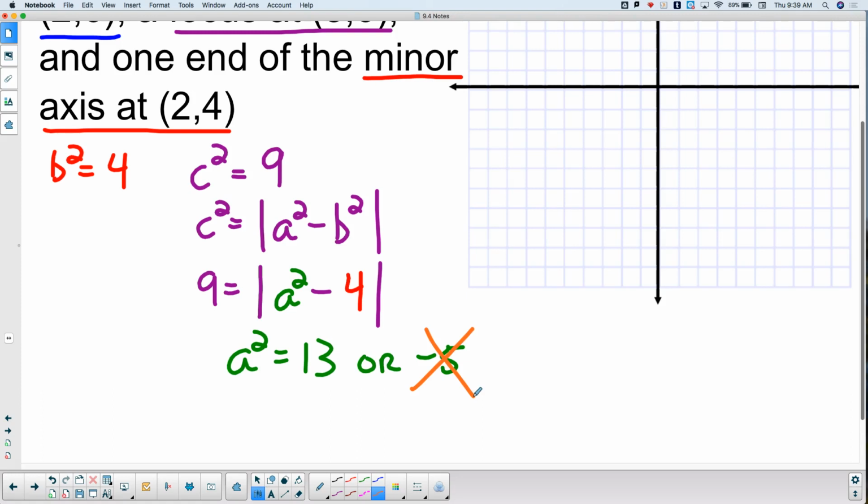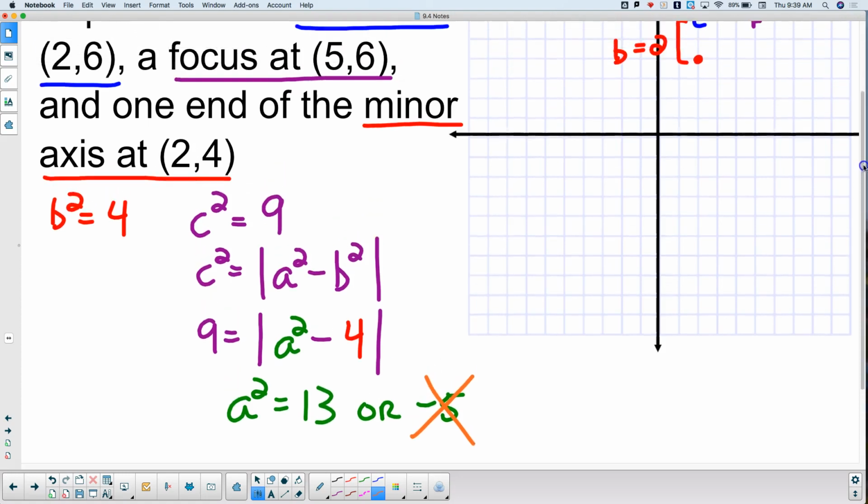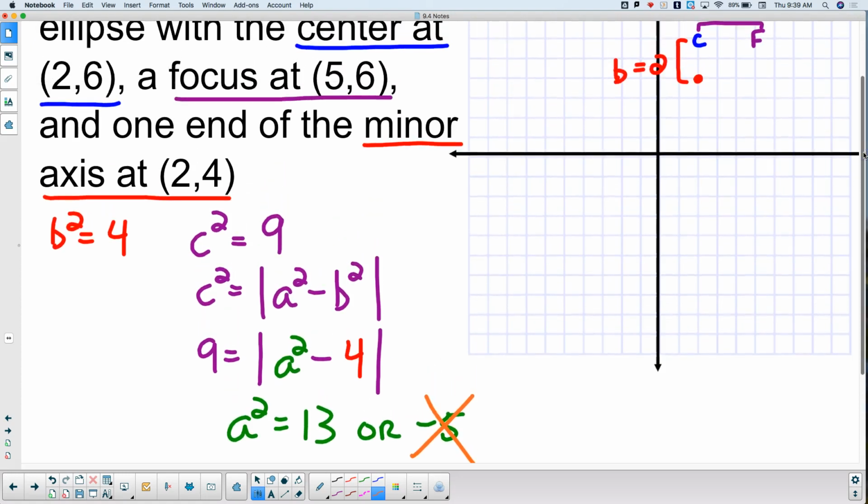Now, based upon that information, what is the equation of my ellipse?